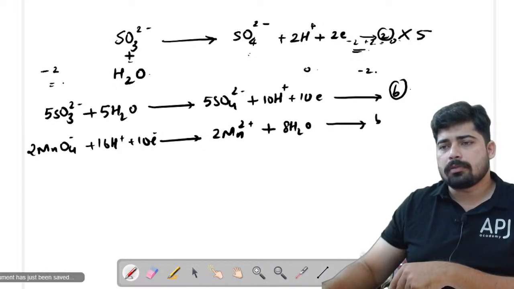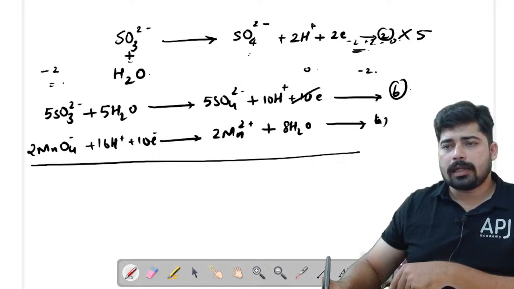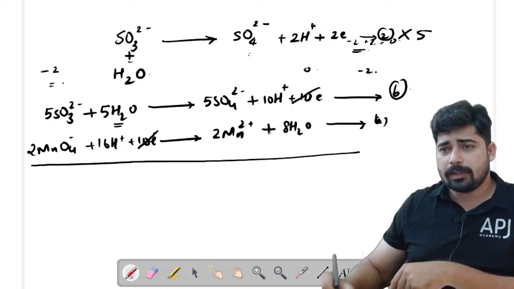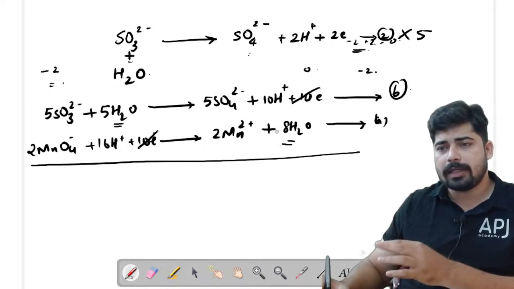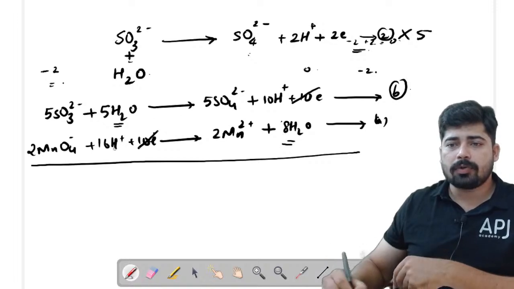This is our equation A, and we are adding both the equations. 10 electrons cancel. Here we have 5H2O, here we have 8H2O. So 5 minus 8H2O is minus 3H2O. You can take that 3H2O over here.